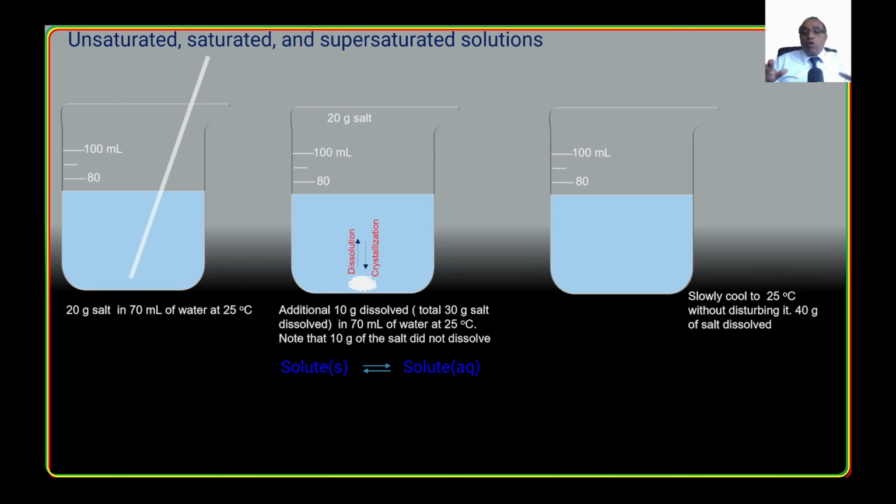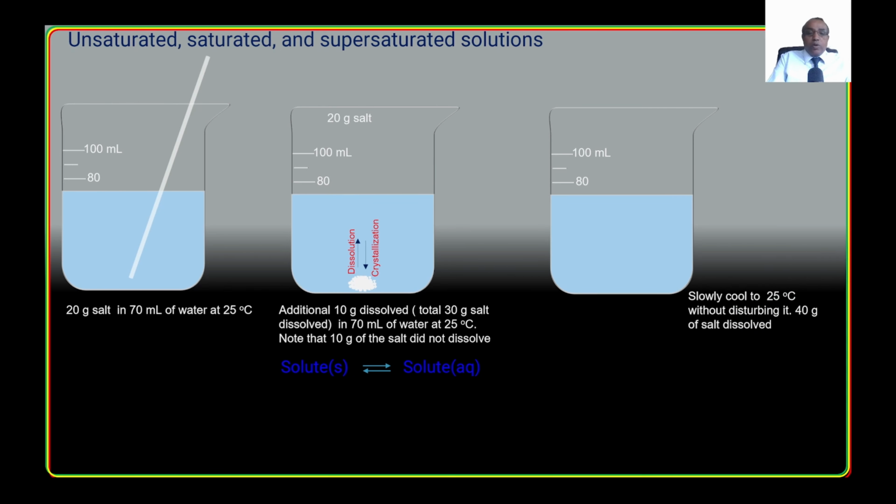At this point 40 gram of the salt is dissolved. So initially 30 gram is dissolved, but when you heat it to 60 degrees centigrade, all the salt is dissolved, so we have 40 gram of salt dissolved in 70 milliliters of water. We slowly cool it to 25 degrees Celsius without disturbing it. Now we have 40 gram of salt dissolved in the solvent.